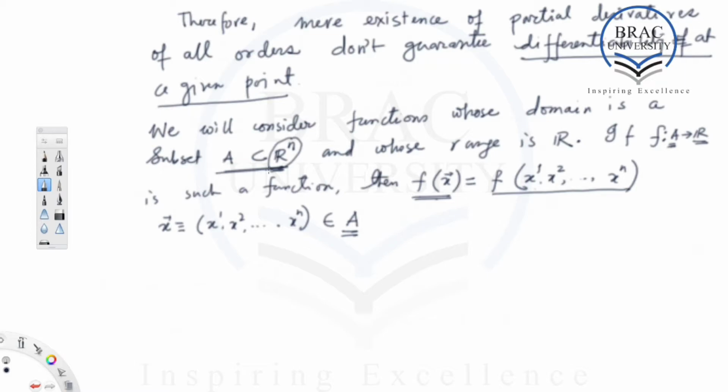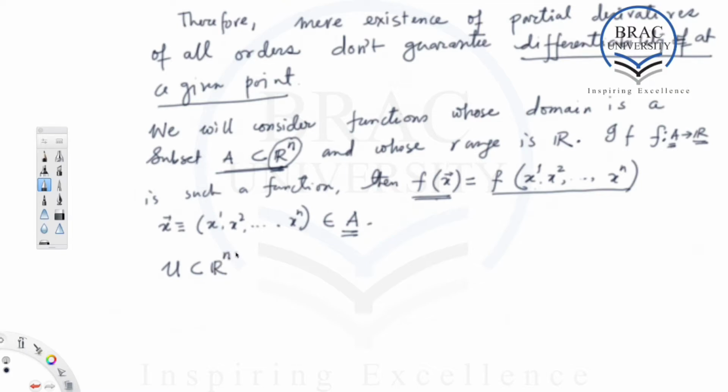Now, R to the n is a topological space that we have discussed in the first lecture, the Euclidean space. And now we choose an open set U from this Euclidean space of dimension n.